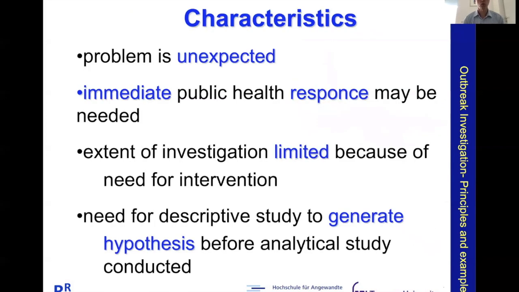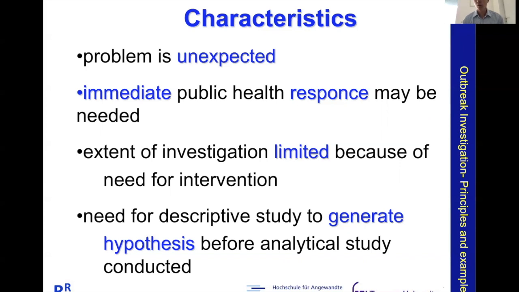Okay, so what is the situation in an outbreak? A characteristic of an outbreak is that the problem usually comes unexpected. We hear a lot about different outbreaks for different diseases, and they often come when you're not really expecting them.